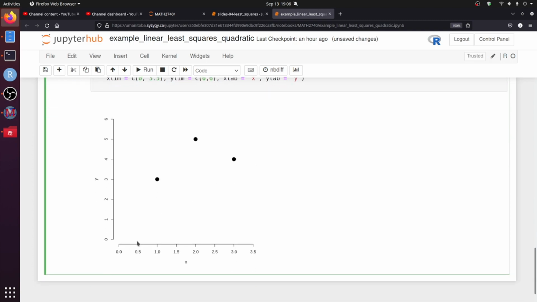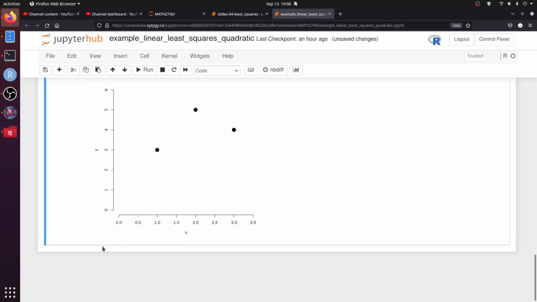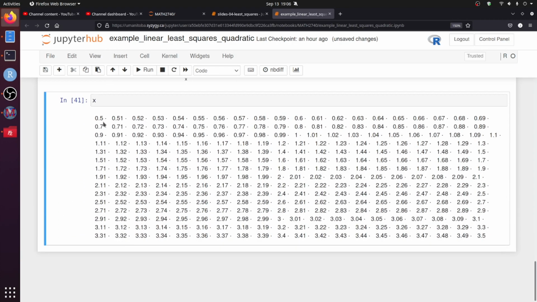Let me see, I want to plot from about here to see what the curve looks like. So I'm going to create a sequence of values of x, which I simply do by using the function seq, from 0.5 to 3.5 by steps of, let's say, 0.01. You can see x has been created as this vector from 0.5 to 3.5 by steps of 0.01.